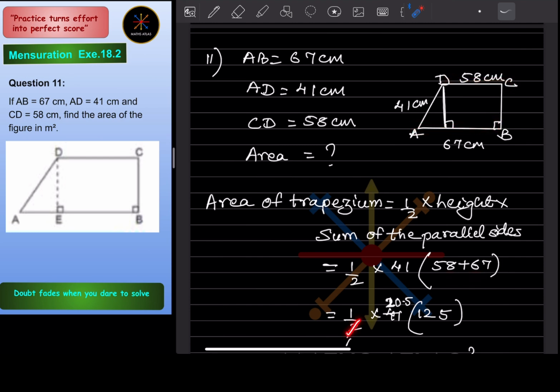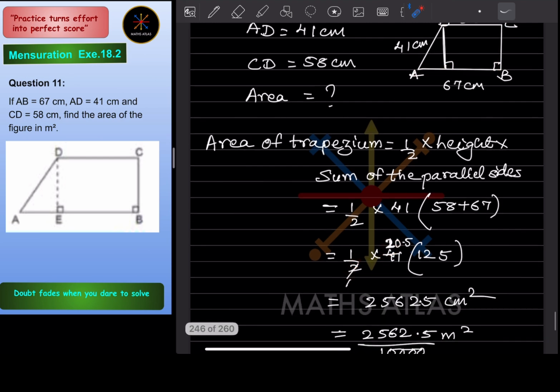So here it will be 20.5 and this will be 125. So this will be 20.5 into 125, which will be 2562.5, because there is a point over here, that is centimeter square.